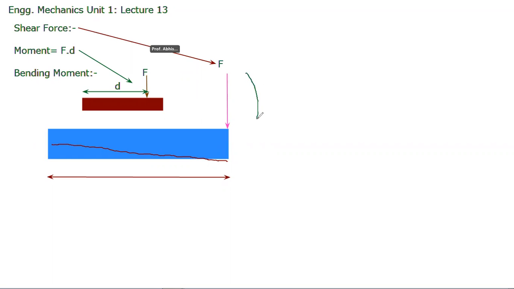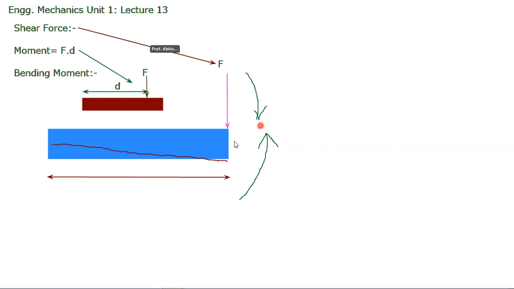This will create a clockwise moment, and to counter this, an anti-clockwise moment is generated as a part of the reaction. You can see here, this force is causing the clockwise moment, and to counter this the object is creating an anti-clockwise reaction because of its stiffness, because of its rigidity. It is creating the anti-clockwise moment.